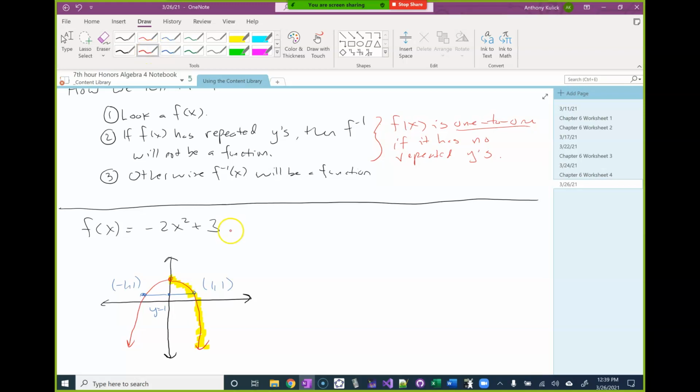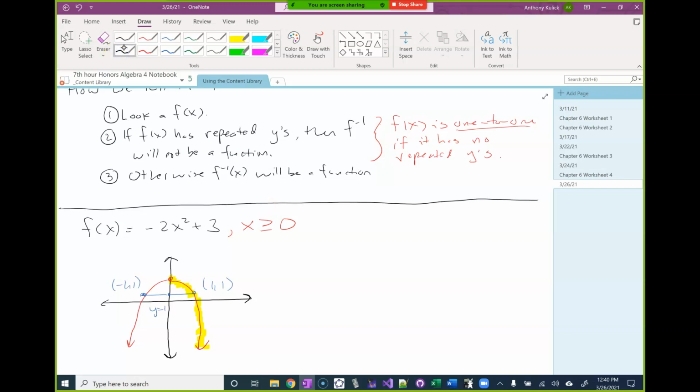Again, f of x is still a function. I've chopped off the piece of it that makes it not 1-to-1. Now that I've done that, I could create an inverse from this. So there's kind of two ways that we might represent our inverse in this situation. I could create the graph, or I could create the inverse using an equation.